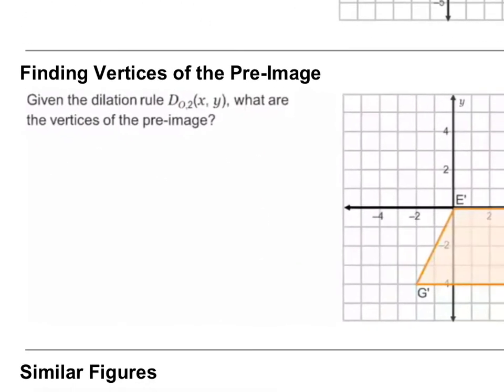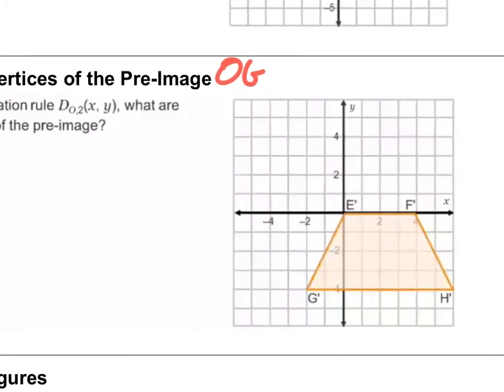Let's talk about finding the vertices of the preimage. Instead of saying preimage, that's the OG image. We're given the dilation rule: we're dilating about the origin, which I'll label O, and our scale factor N is equal to 2.